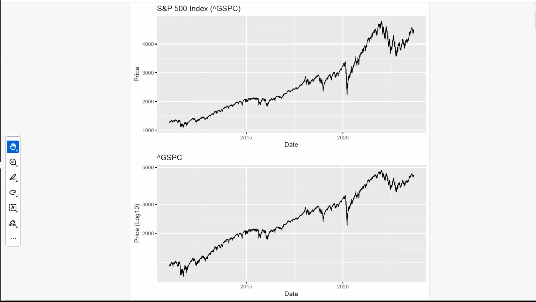So here's the S&P 500 index. These graphs here actually update the graph from before to the end of September.